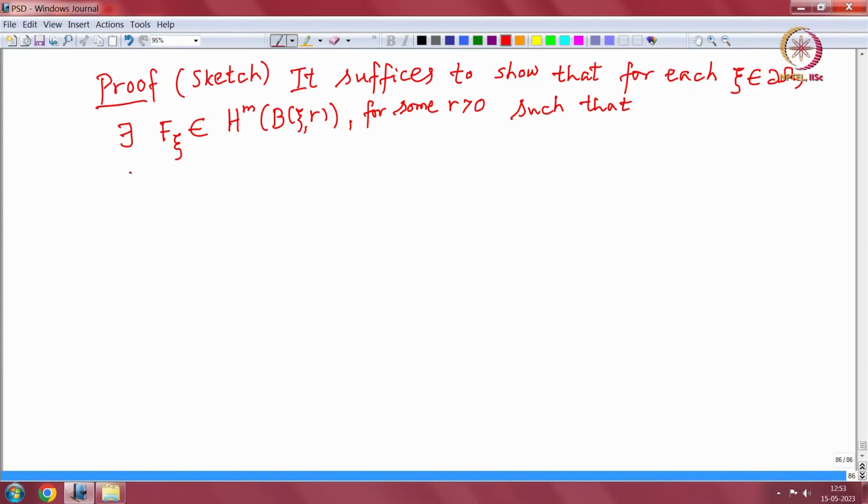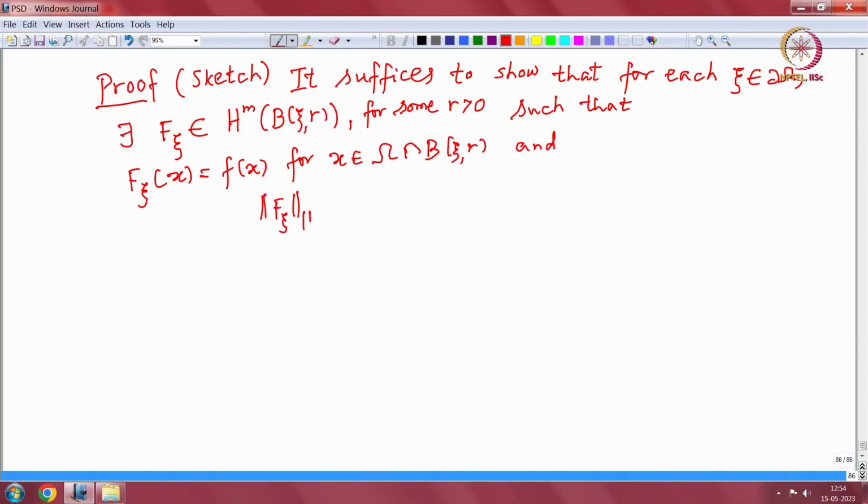So fj of x is equal to f of x for x in omega intersection Bj r, and this fj, the Sobolev norm, is controlled by the norm of f.